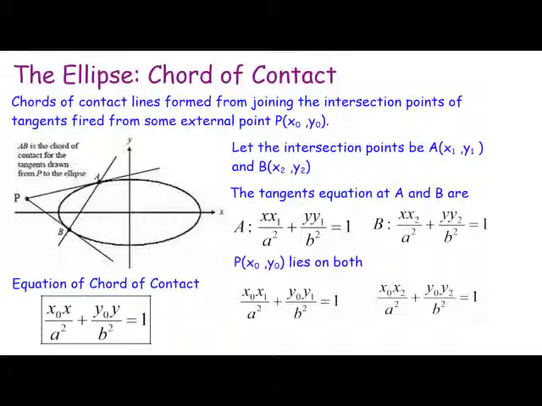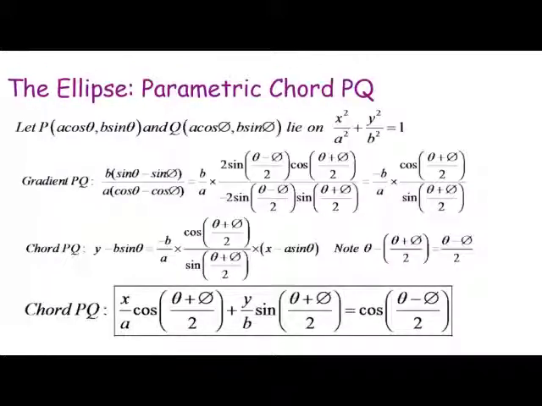Okay, well let's move on, and here we have the parametric chord PQ, which is a fair bit of trouble to derive. You need a fair bit of trig, because you've got to use sums to products and products to sums. This is fairly involved.